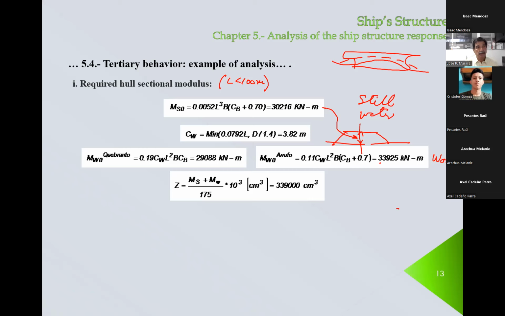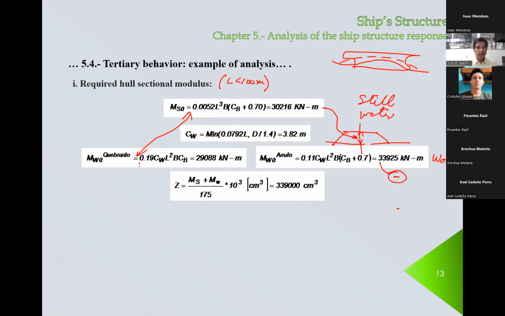So that's why we need to be a bit more careful with these signs. In this case, in general, the sagging has a different sign. This and that. So in sagging, this is negative.